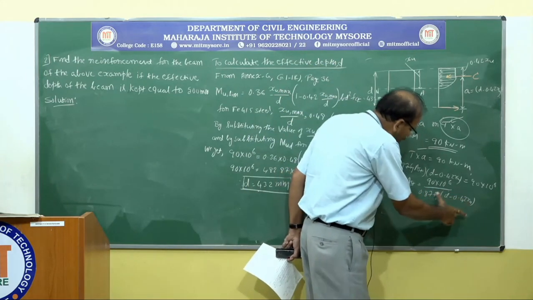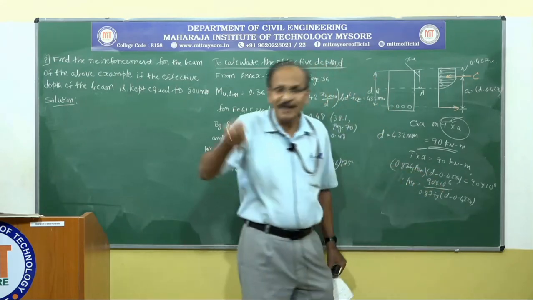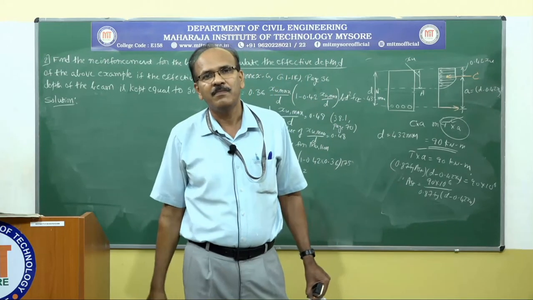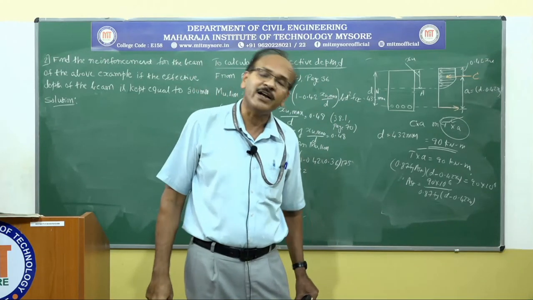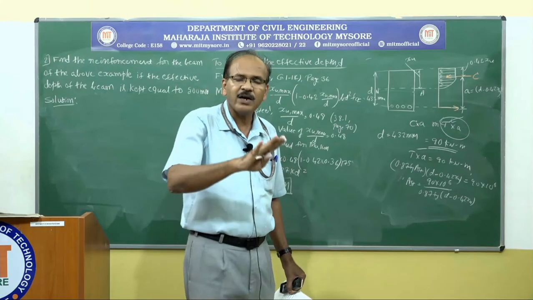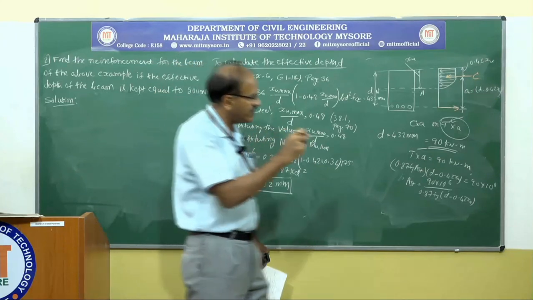Once this value increases, the area of steel required will be less than what is required for a balanced section. The section becomes under reinforced. So, you need less area, but that less area of steel is good enough to take care of this moment.